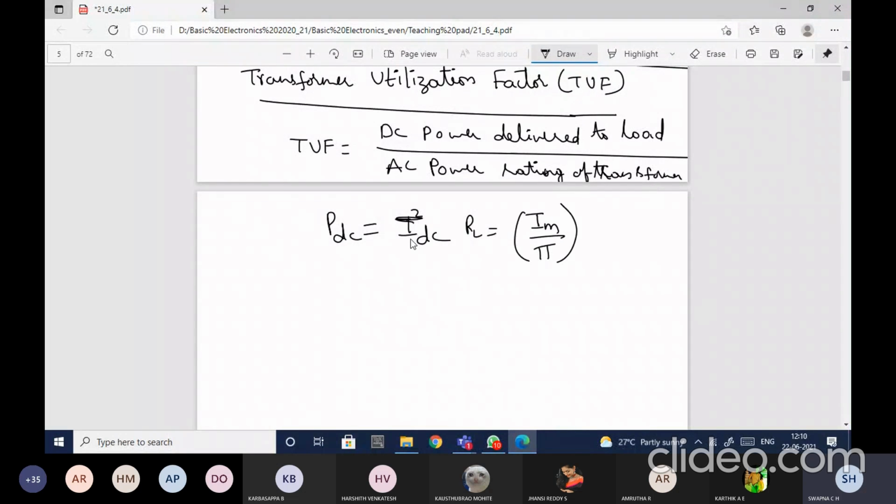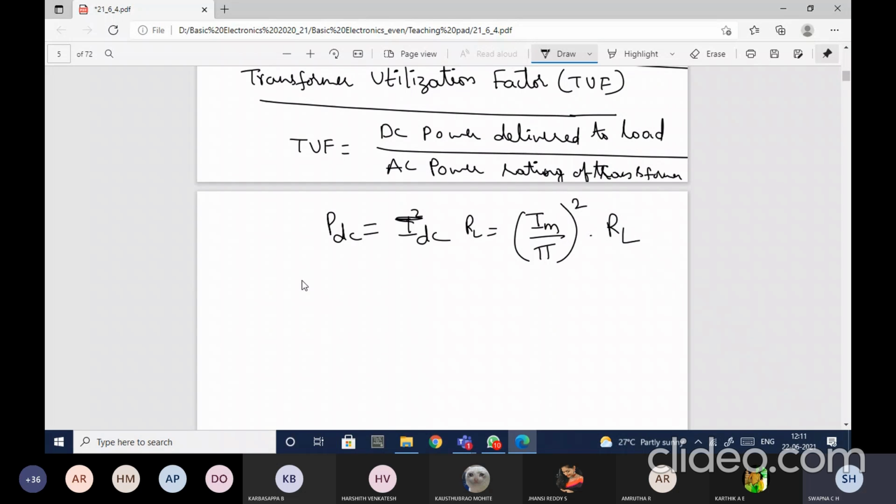That's why I was telling you that you have to remember these equations. If you check the quiz questions, I've given them in the same way, asking you what is IDC, what is IRMS. So Im by pi whole square into RL is your DC power.